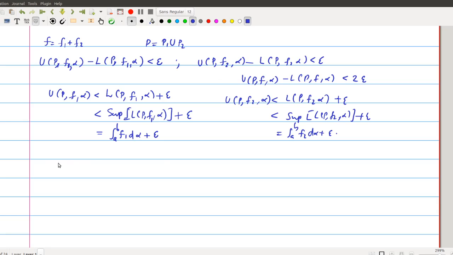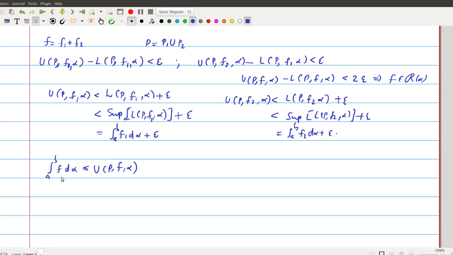So now what should we do? Now we consider the integral; we already have that this implies f belongs to R alpha. So the integral from a to b of f d alpha is less than or equal to U(P, f, alpha), because the infimum of U is called the integral, or otherwise the upper integral.